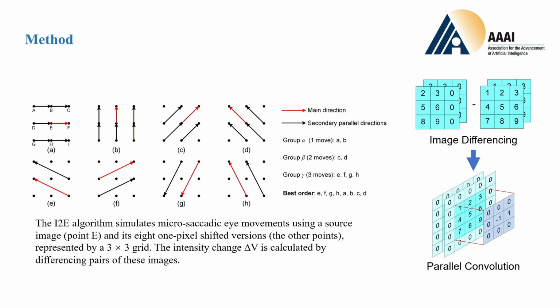The core innovation of I2E lies in its modeling of event generation. The method is inspired by biological vision, specifically the tiny eye movements that human eyes make to see detail. In our framework, we simulate this process mathematically. We do not rely on shifting pixels in memory, which is a slow operation.